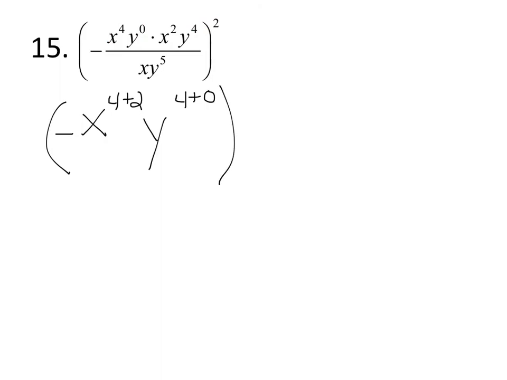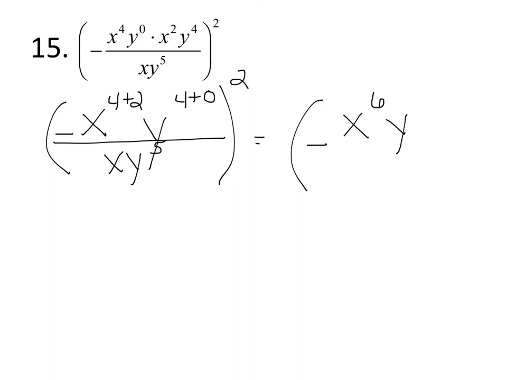Okay, this is all to the 2nd power still, over x, y to the 5th. So this becomes negative x to the 6th, y to the 4th, over x, y to the 5th. And this is all still squared.